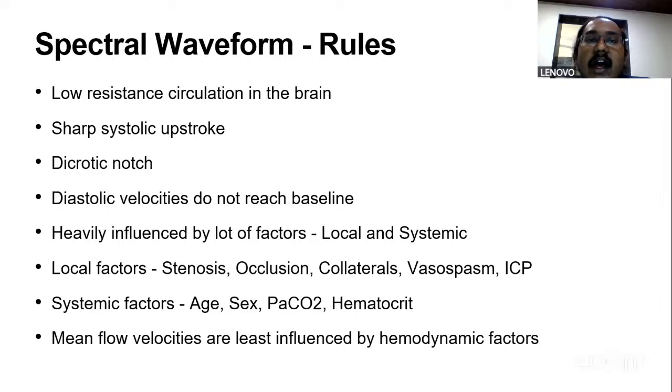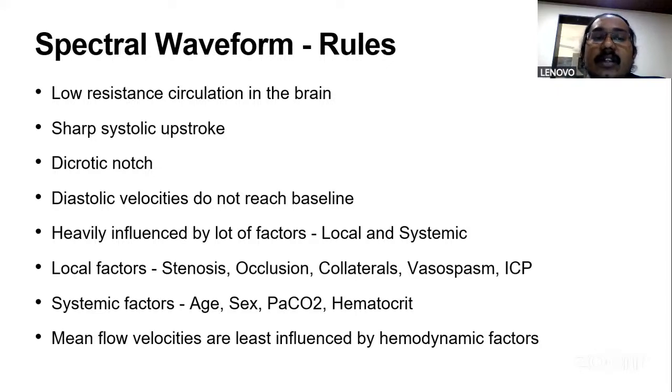Now, once we know how to use these two machines, both of them give a common entity, that is spectral waveforms. And once we analyze spectral waveforms, we get a plethora of information. So the basic rules are the same. The insonation windows are the same. Then, insonating the arteries is the same. Spectral waveforms are the same. But we need to know the rules of how to interpret.